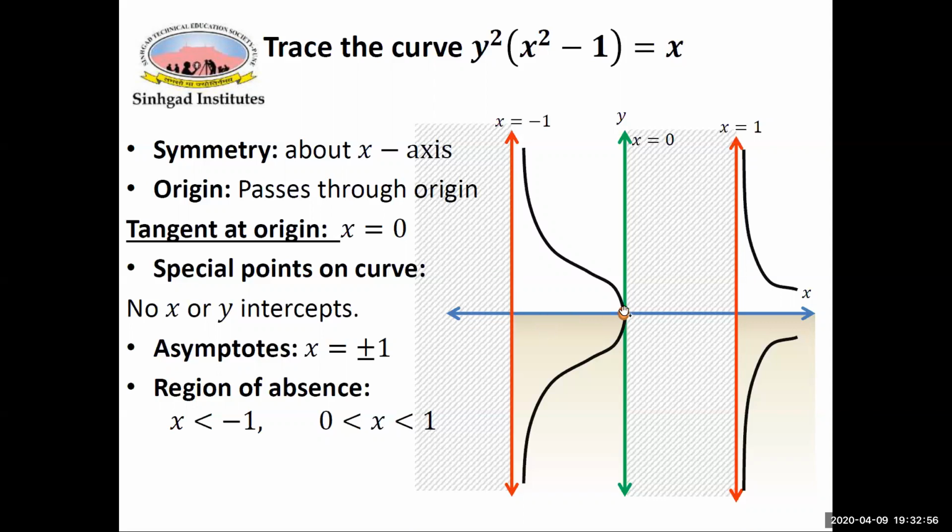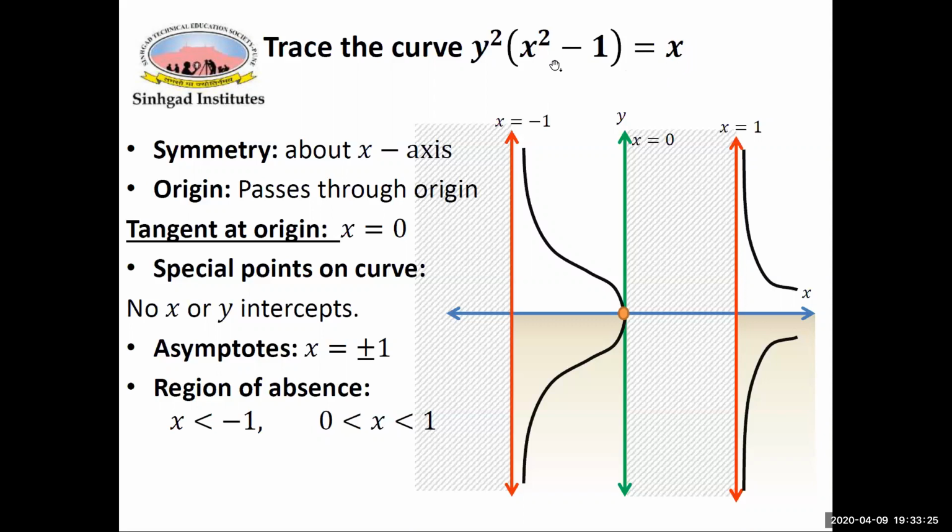Between minus 1 to 0, substitute any point, say minus 1 by 2. What will we have? 1 by 4 minus 1, that is minus 3 by 4. And this is minus 1 by 2. The ratio will be positive. Hence, the curve exists in this region. Now, between 0 to 1, take plus 1 by 2. 1 by 4 minus 1 is minus 3 by 4.